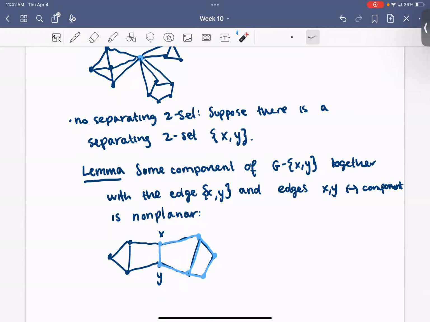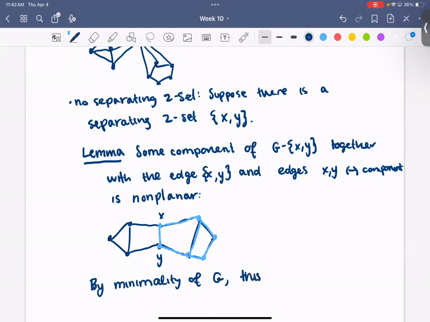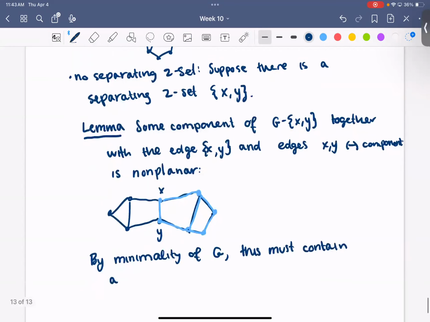And then, so this is like some result that has to be proved. And then if we assume this is true, then by the minimality of G, this must contain a Kuratowski subgraph.